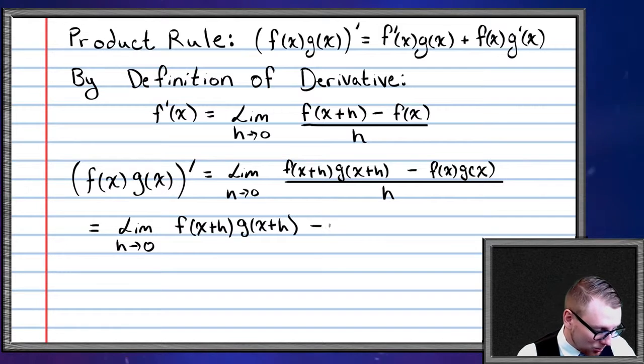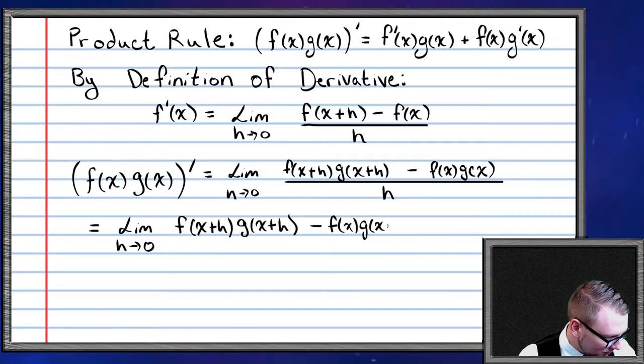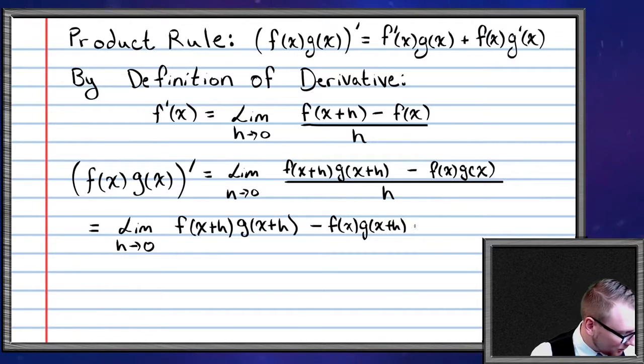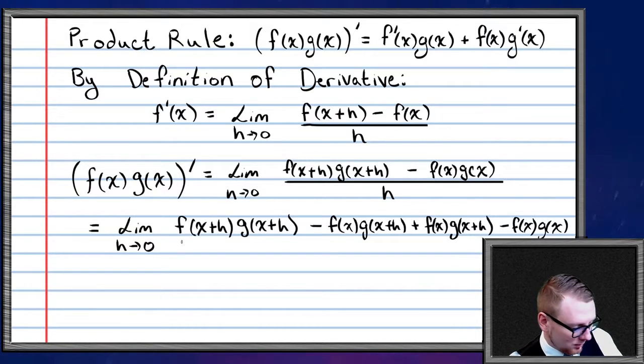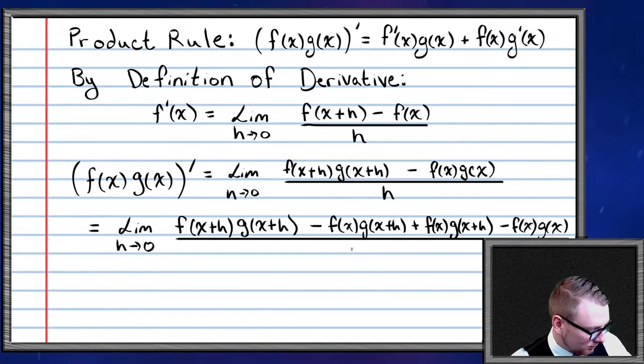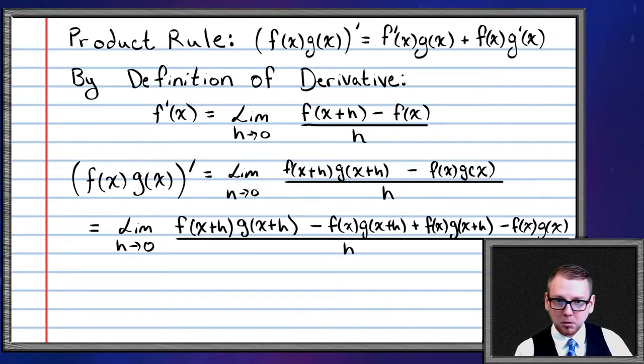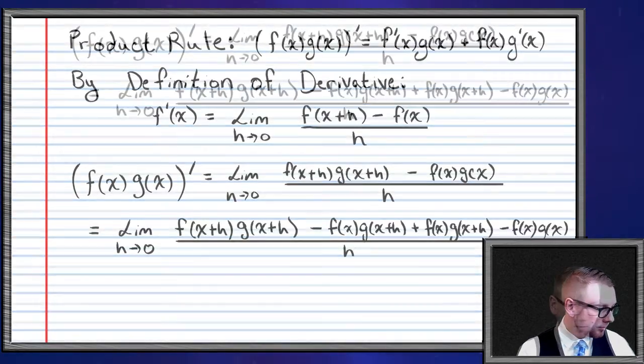Now we're going to subtract f of x times g of x plus h. We're going to add f of x times g of x plus h. And then we're going to have those final two in the back, f of x times g of x. And this whole thing is still all over h. Okay, not bad so far.